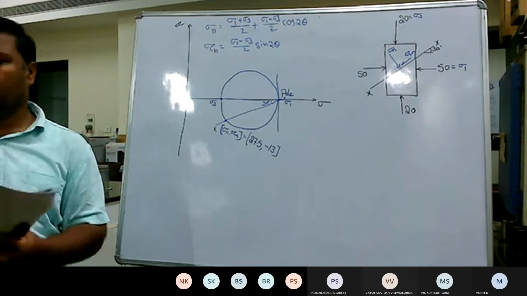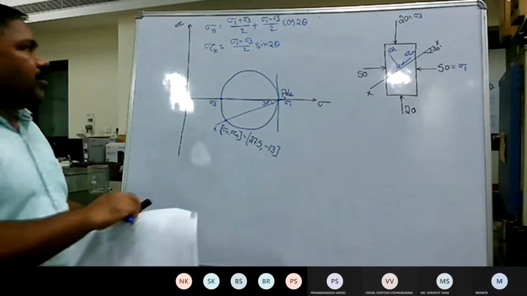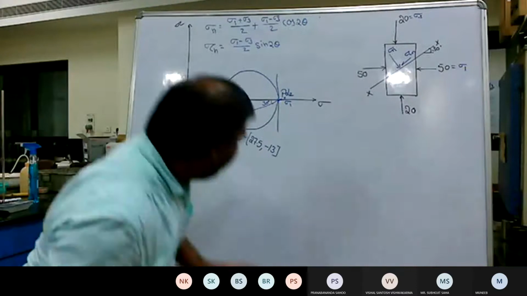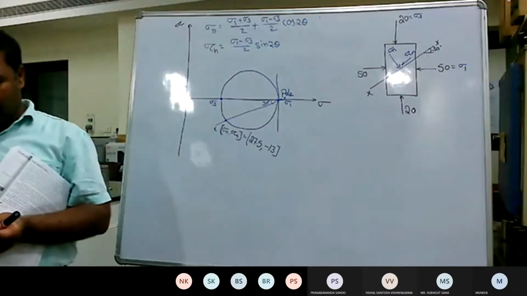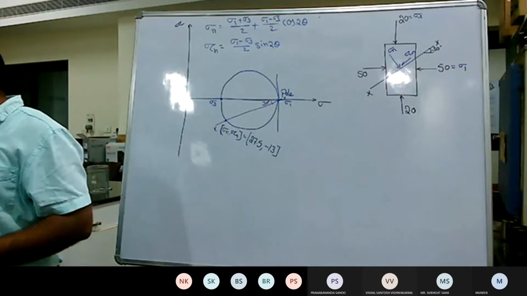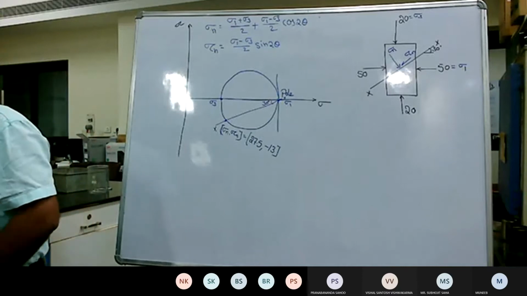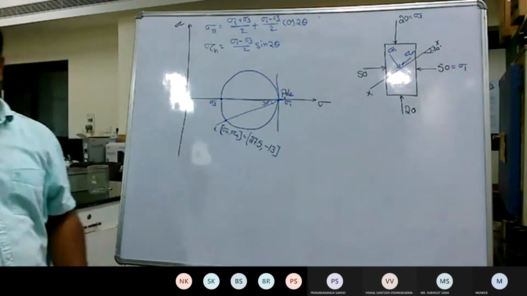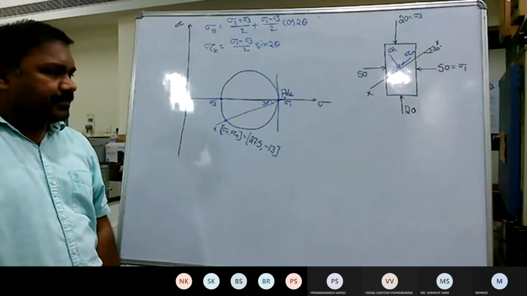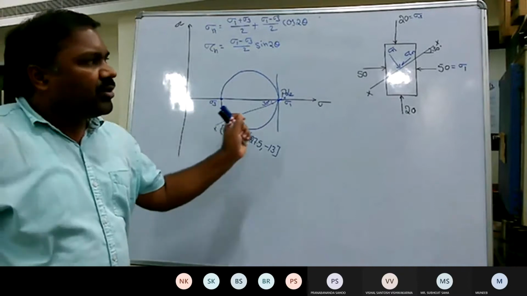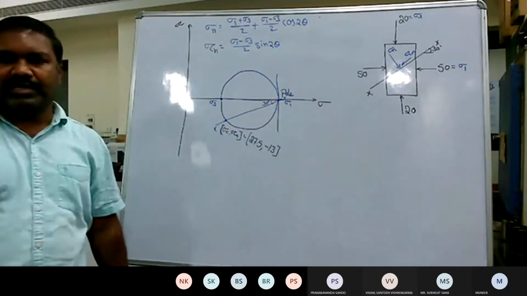Will you get the values of 27.5 and minus 13? Just check it once, because this is one of the very intricate things that everyone has to understand.